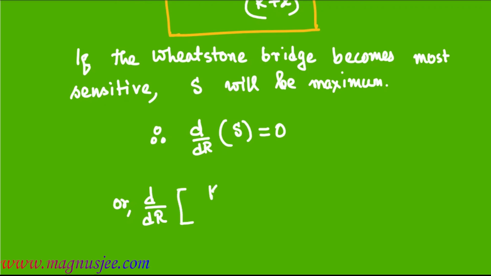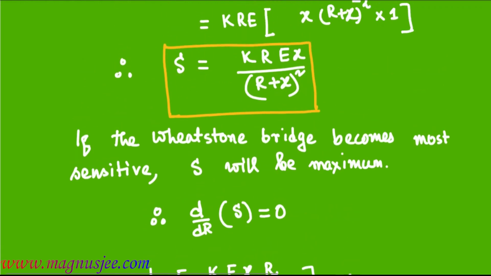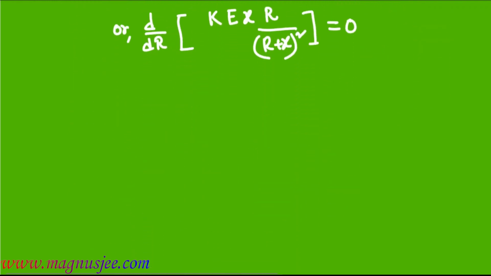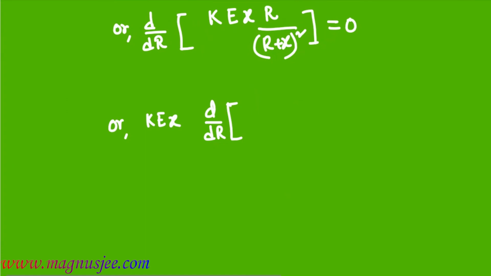So now d/dR of the expression of sensitivity, K E X R divided by (R plus X) whole square, bracket closed, equals 0, or K E X, the constant, we can bring outside: K E X d/dR of R into (R plus X) to the power minus 2, bracket closed, equals 0.